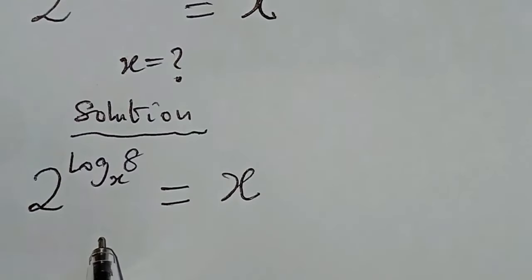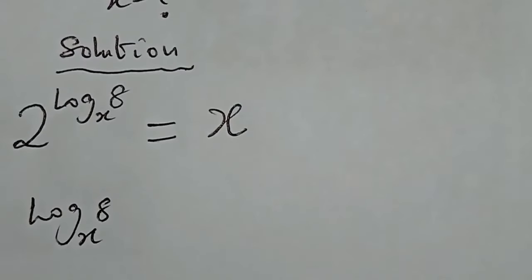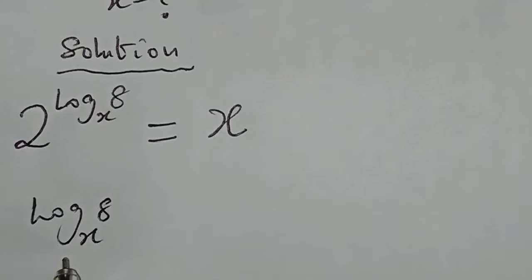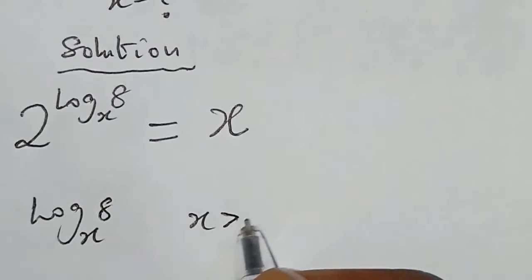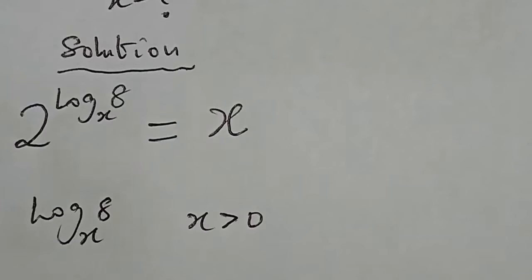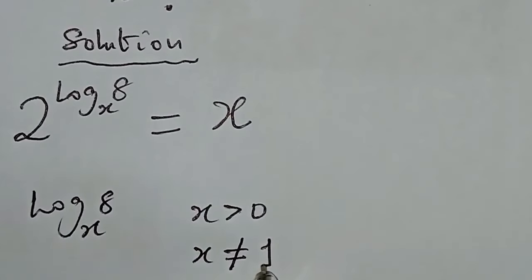From this question, we consider that log base x 8 is defined for all real values of x such that x must be greater than 0 and x must not be equal to 1.